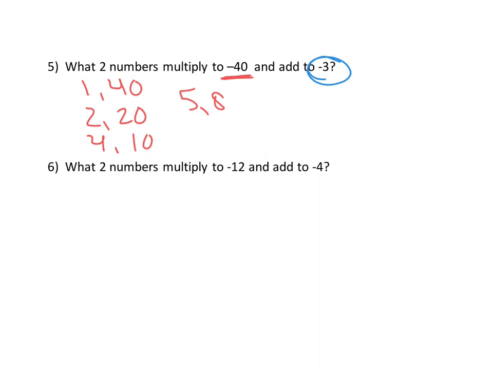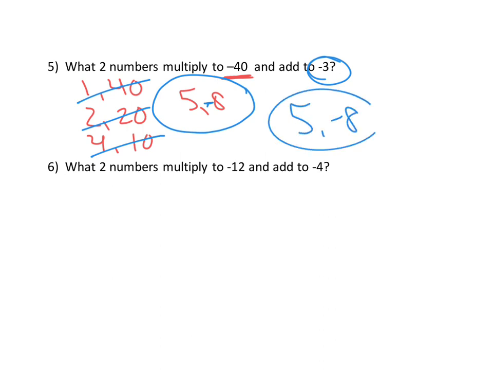Well, 40 minus 1 is not 3. 20 minus 2 is not 3. 10 minus 4 is not 3. 8 minus 5 is 3. So we're going to use this. We want a negative though, so that means the bigger number has to be negative. So 5 times negative 8 will give us negative 40, and 5 plus negative 8 will give us negative 3.